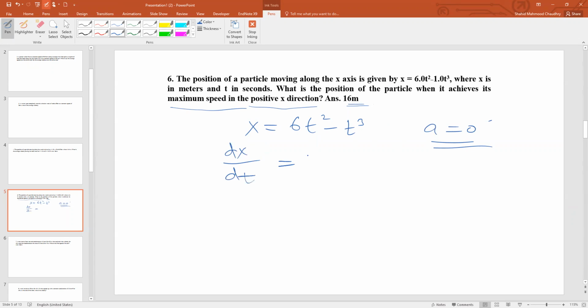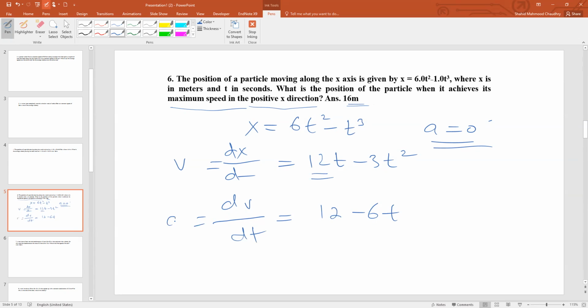v equals dx over dt, which is 12t minus 3t squared. Then find dv over dt, which will be 12 minus 6t. This is your acceleration. Acceleration will be 0 when the speed is maximum, so 12 minus 6t equals 0, and t is 12 over 6, which is 2 seconds.